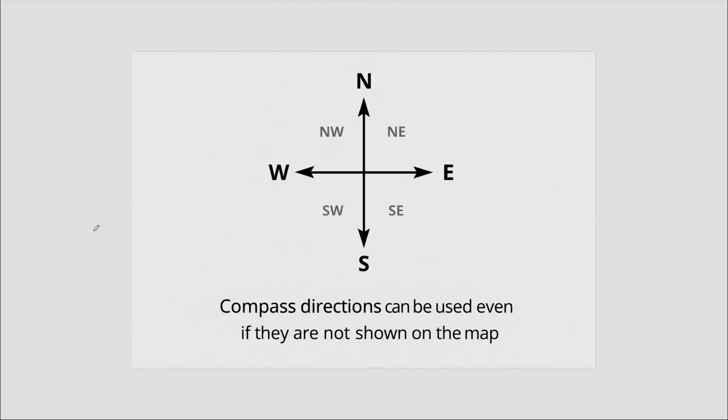So, north at the top, south at the bottom, east on the right, and west on the left. You can also use directions like northeast or southwest, but they are less important and don't need to be overused. Use directions only when they help clarity, not to describe every small detail.